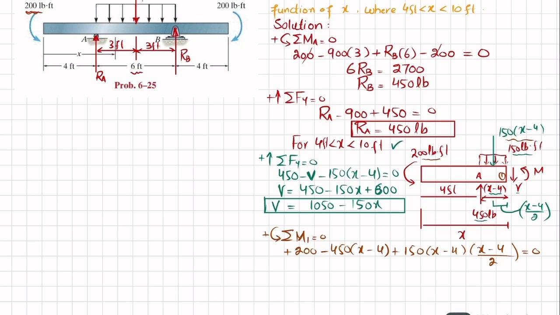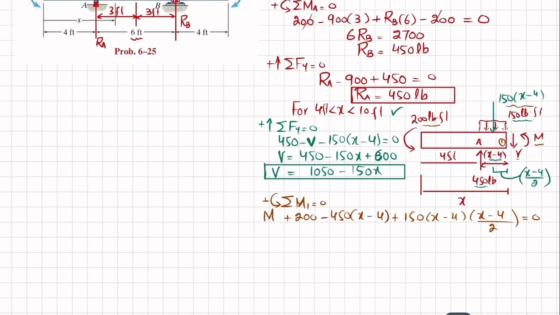Also you can see there is an external moment, so I will add this M as well. Now we will simplify it: M plus 200 minus 450 into x minus 4, minus minus plus, so 1800, plus 150 divided by 2, into x minus 4 whole square, which is x square plus 16 minus 8x, equal to 0.